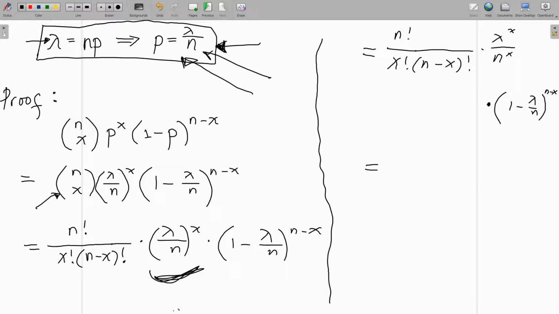Now, I can combine or group these expressions together. So let us do that.